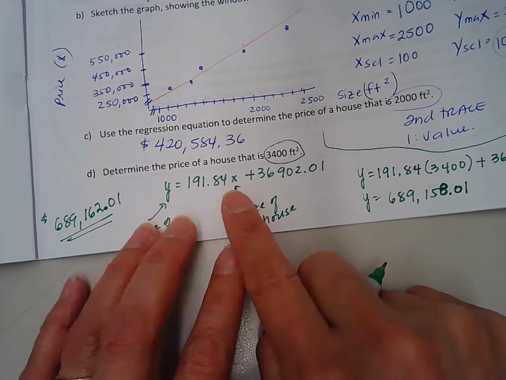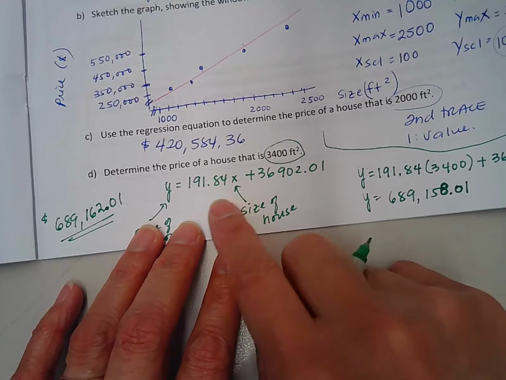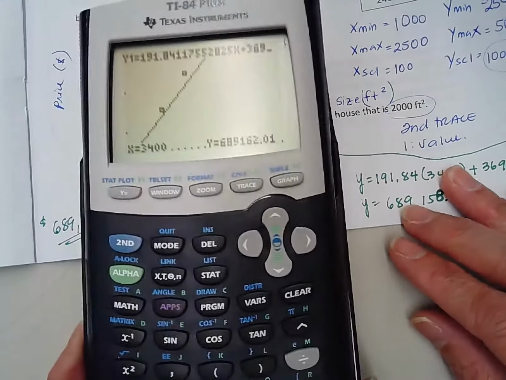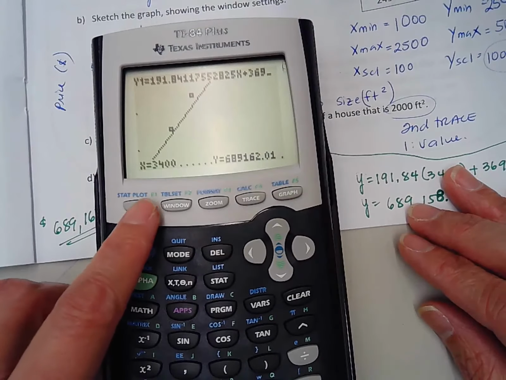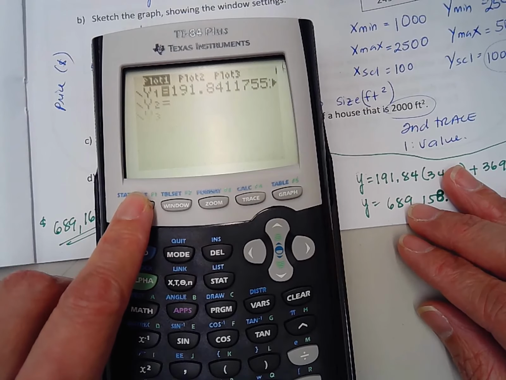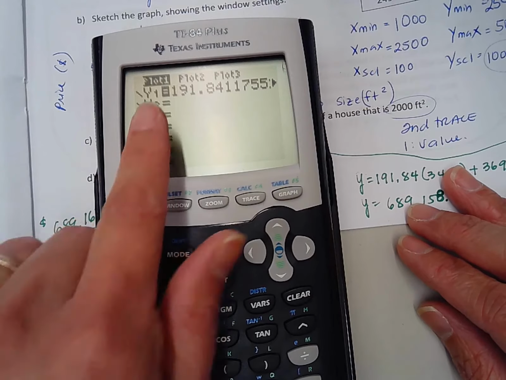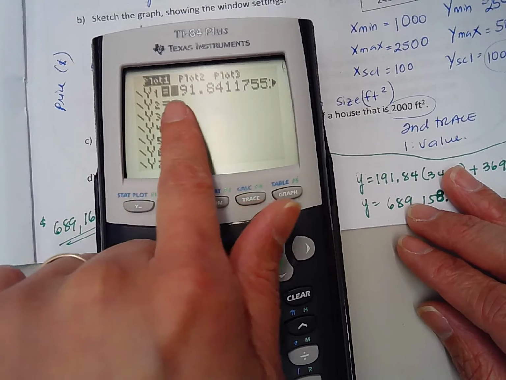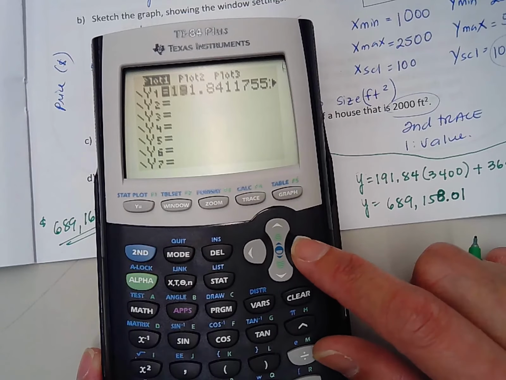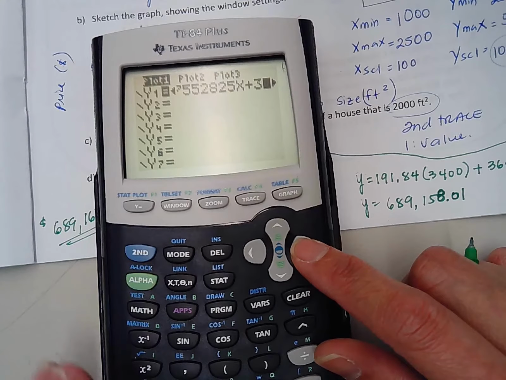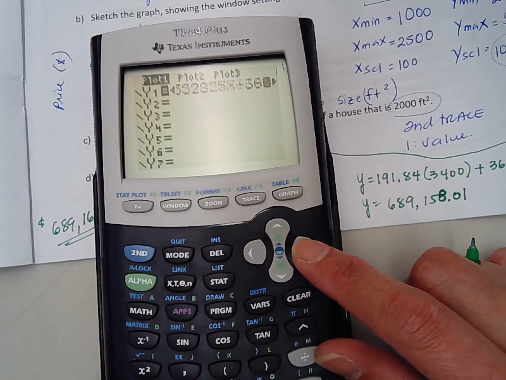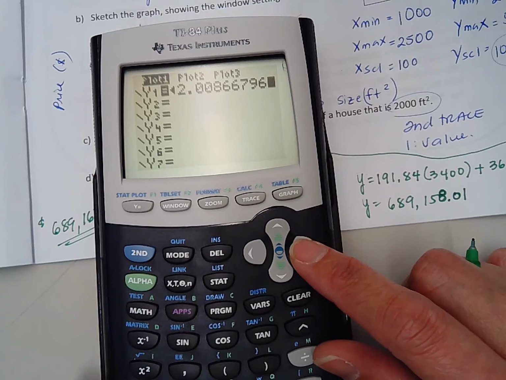Okay, let's take a look at this equation again on our calculator. Let's press y equals. Can you see that on y1 it's 191.841175? It has all of those decimals in there.